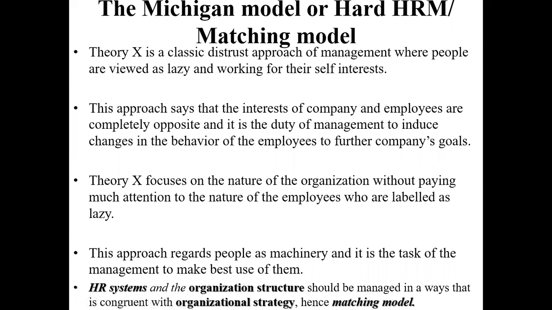So what is the interest of the employees? The employees' interest, according to this model, is that they want their salary, for instance, to be increased. They want better conditions of service. Now, that of the company or management is to achieve superior productivity, or if you like, better organizational performance.